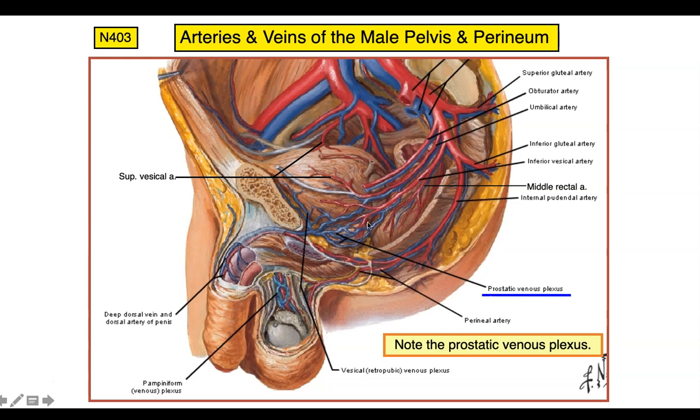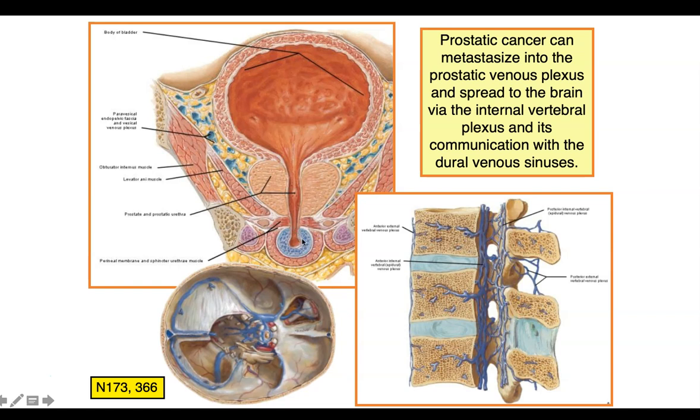The prostatic venous plexus is important because it communicates with the internal vertebral venous plexus. Inside the vertebral canal, there is the internal vertebral venous plexus, and these are valveless.